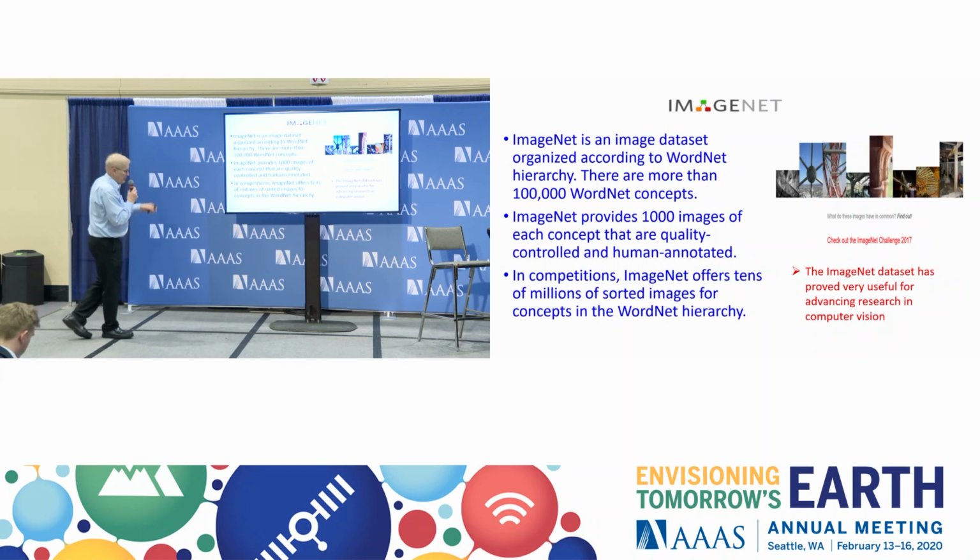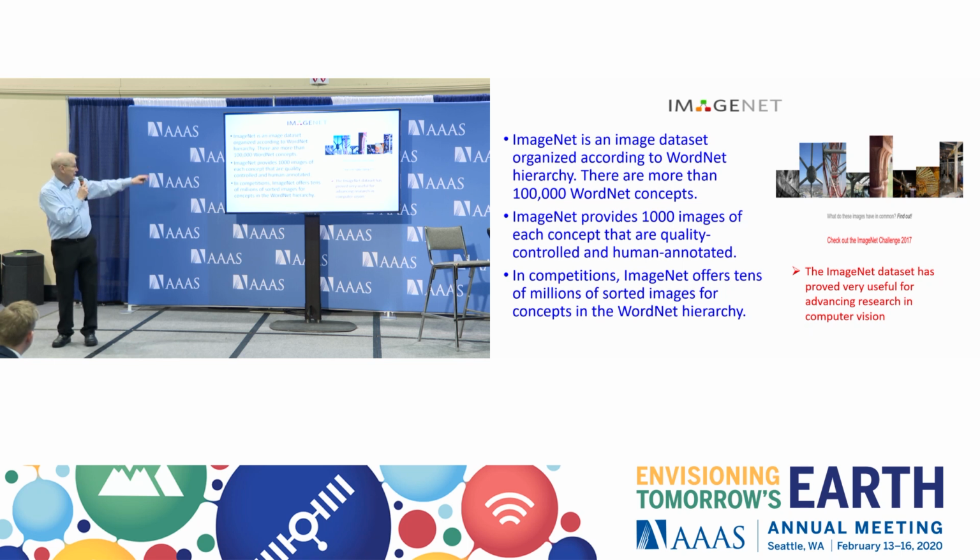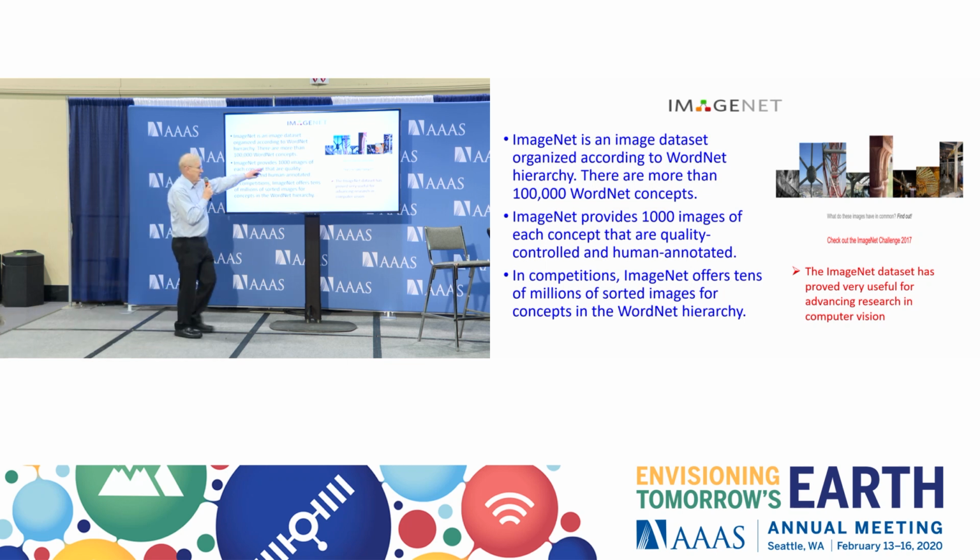And then the breakthrough was a set of images which were collected by Professor Fei-Fei Li up in Stanford. And the images had all been tagged, so you could say that there was a cow, a car, a person, a building, and they all had labels on.